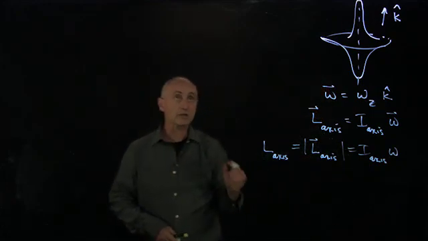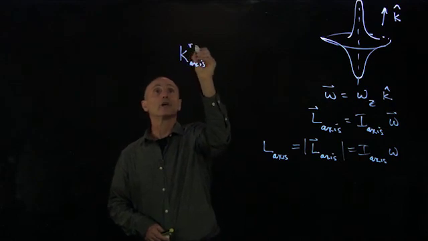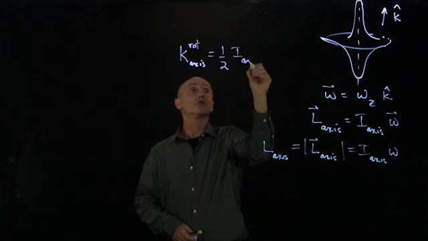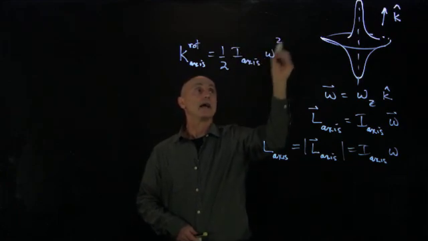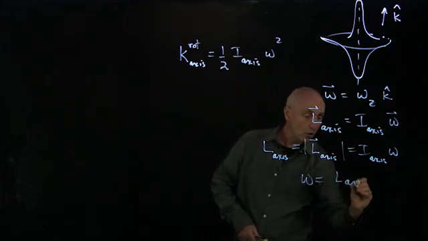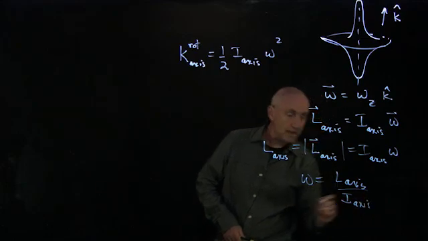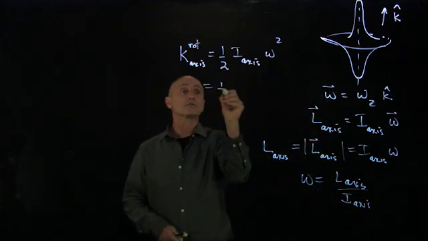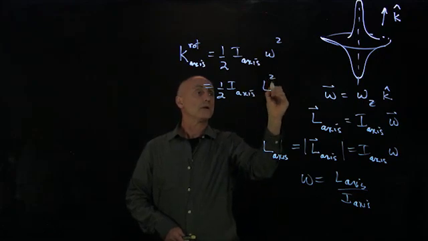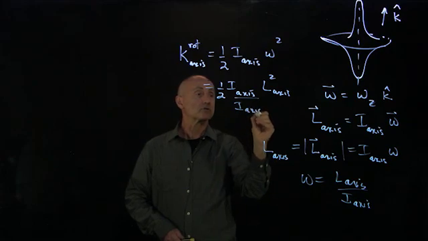Now, we've seen separately that the kinetic energy about this axis, which we'll call the rotational kinetic energy, was 1/2 times the moment of inertia about that axis times the angular velocity squared. But here, we see that omega squared is equal to L over I. So if we substitute that in, we get L squared about that axis over I axis squared.